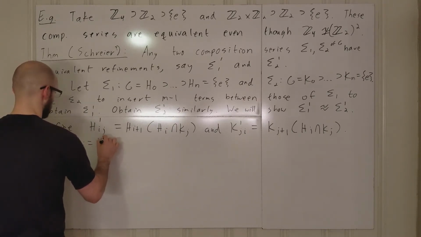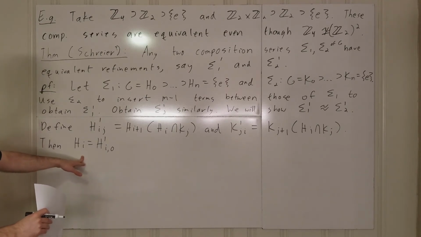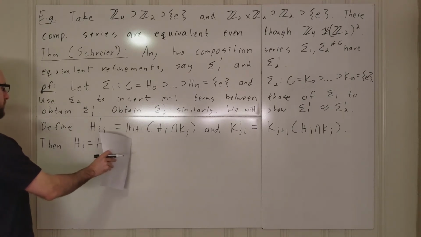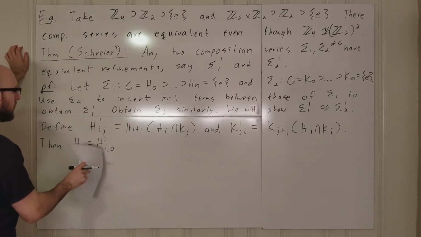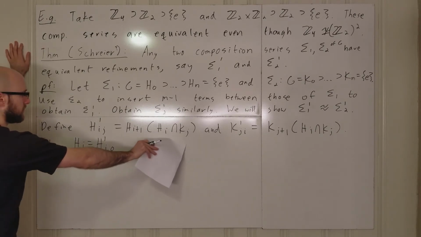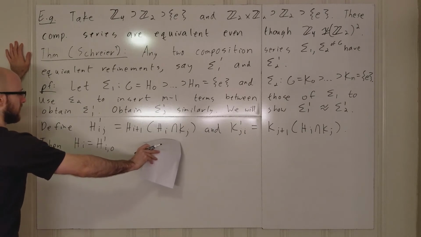H_i0 prime, right? Why is this true? This is true because your H_i0 prime is just H_(i+1) times this, and this is going to be H_i intersect K_0.